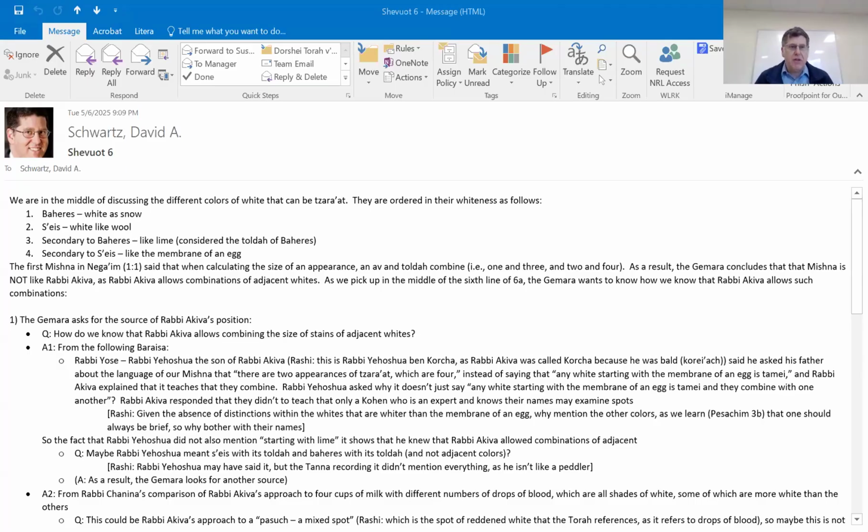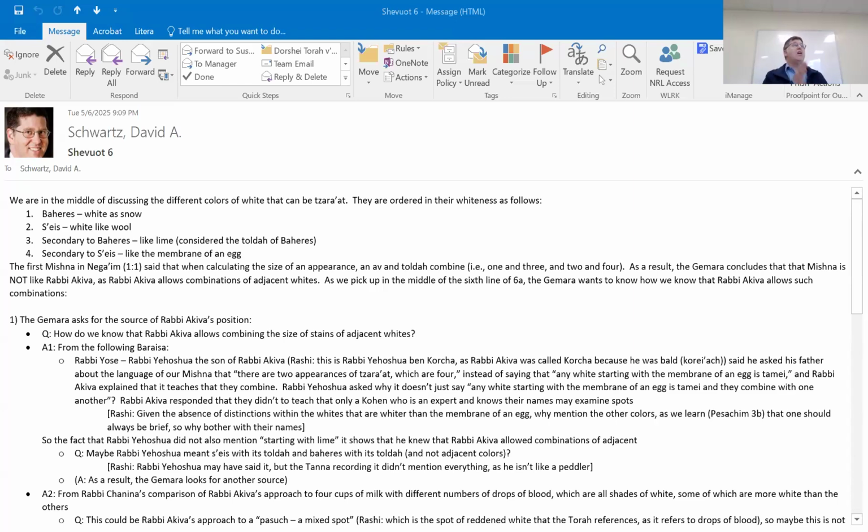Then we have something that is going to be secondary to baheret. That's like lime colored, and not lime like the fruit, but lime as in the cement kind of lime that you put on the wall. And then secondary to se'et is the white that is the membrane of an egg. And so those are the four categories.